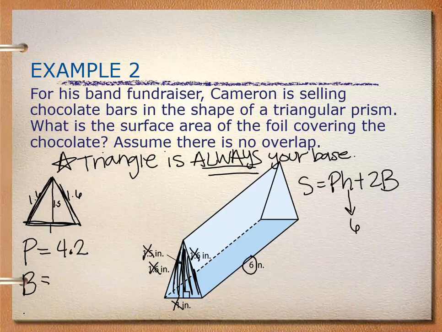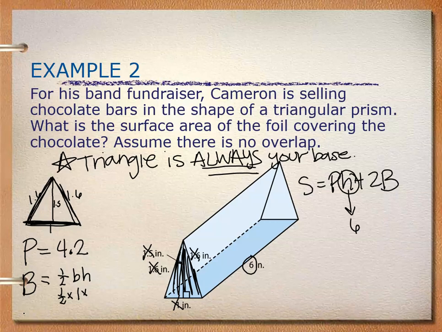My base is now a triangle, so to find the area of a triangle, it is half base times height. So half times your base is 1, and your height, now you're not going to use this one right here. This is completely different.